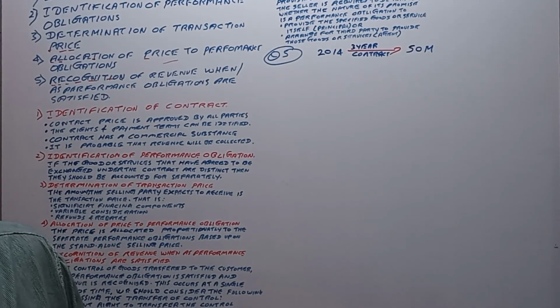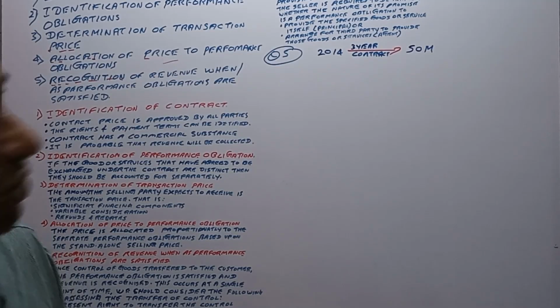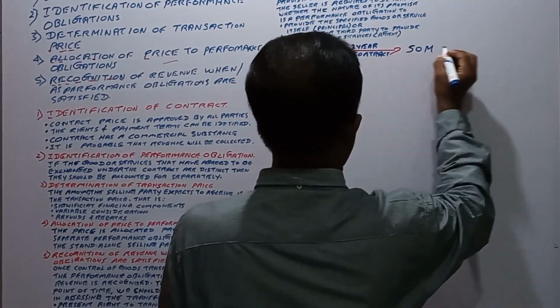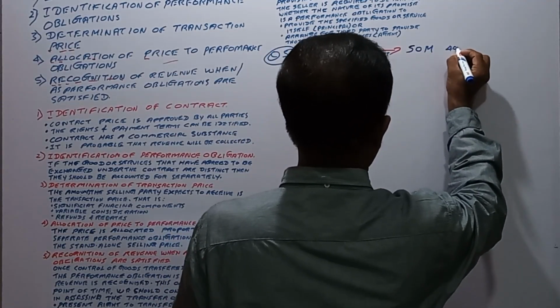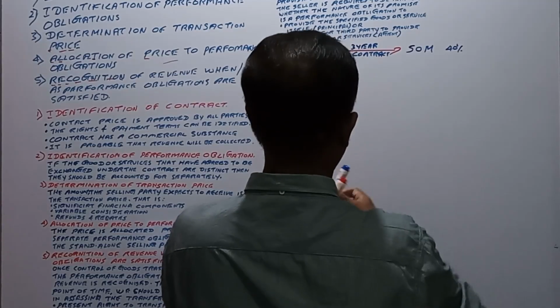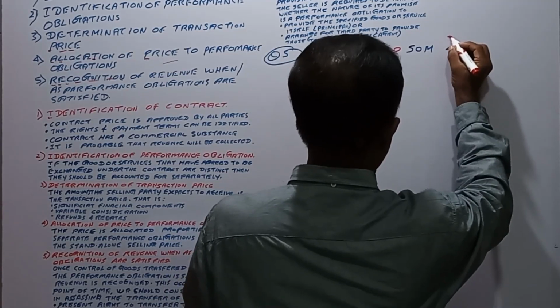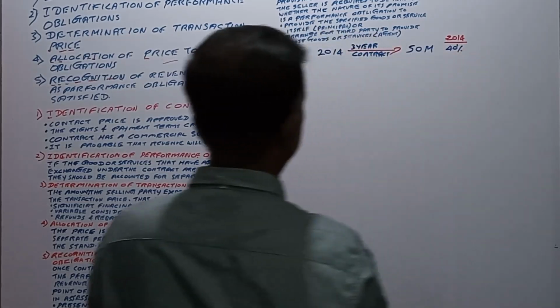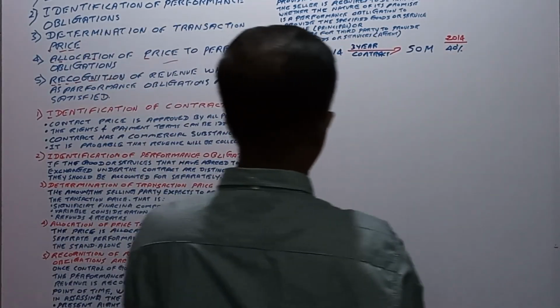At the end of 31st December, the cost incurred to date is 15 million and the contract is estimated to be 40% complete. 40% completed in 2014. Okay.